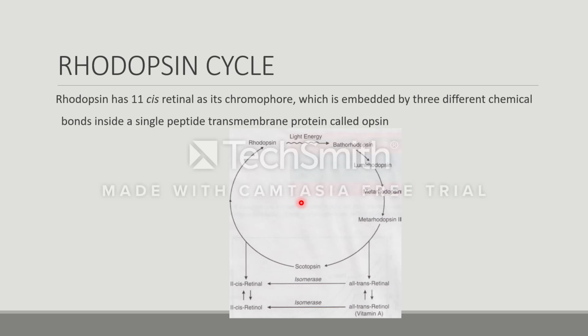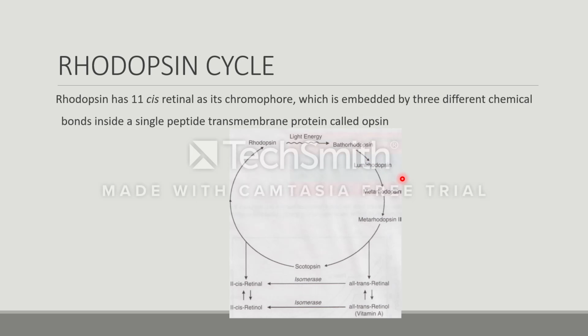So what happens in the visual cycle or the retinal cycle? As the rhodopsin is exposed to light, there is formation of photorhodopsin and bathorhodopsin. They are formed almost immediately. Then lumirhodopsin is formed in picoseconds.